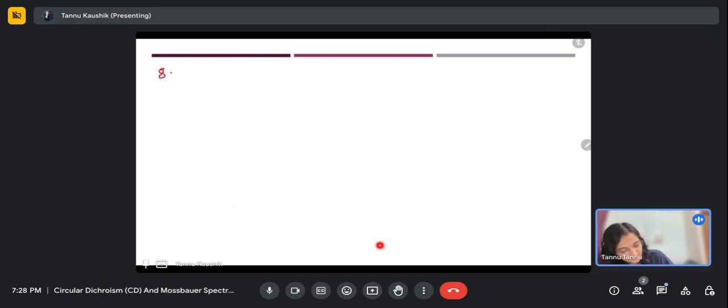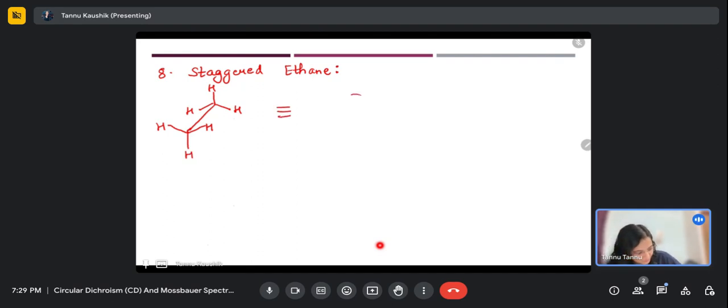Now the next example is staggered ethane. So if you draw the Sawhorse projection of staggered ethane, it looks like this, and this is the Newman projection.